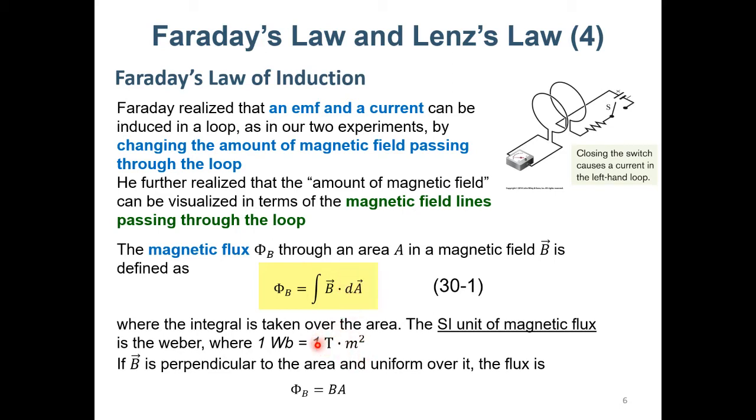So 1 Tesla meter squared, and actually, we use the Weber for the magnetic flux. If B is perpendicular to the area and uniform over it, the flux is Φ_B equals BA. Maybe you have learned it in high school.